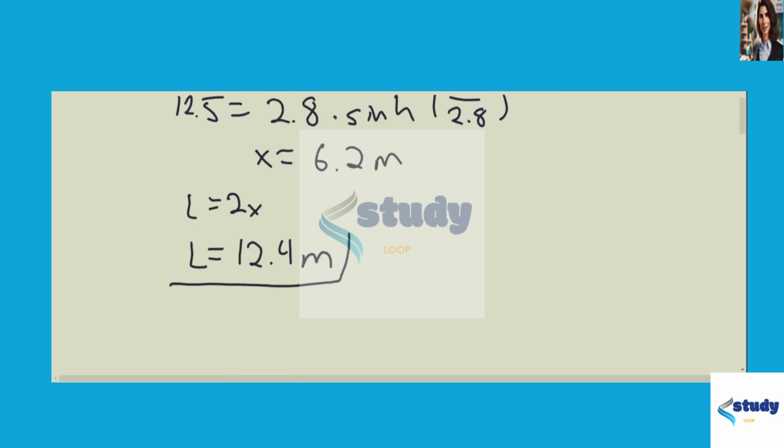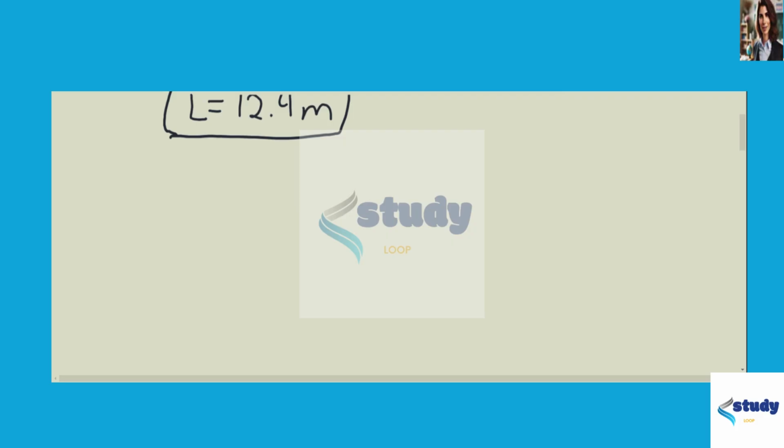Now we need to find the maximum tension. So our maximum tension equation is equal to our unit weight per length times the square root of c squared plus s squared.